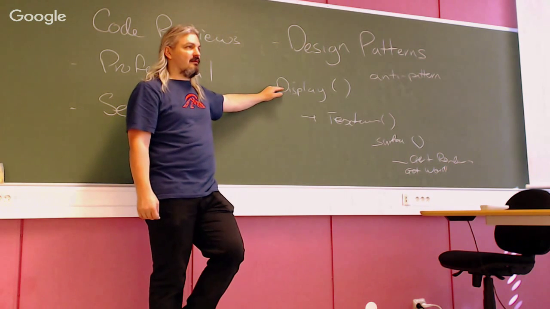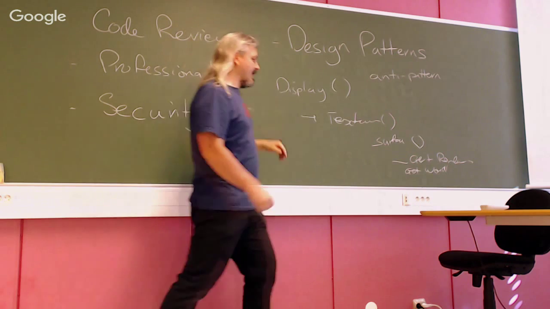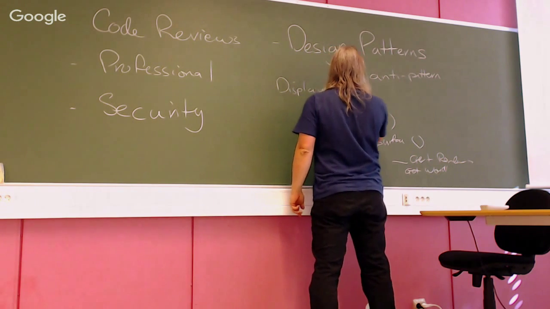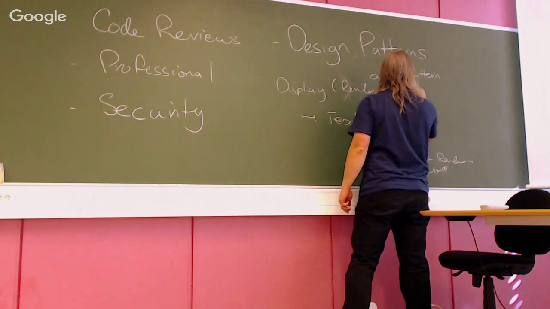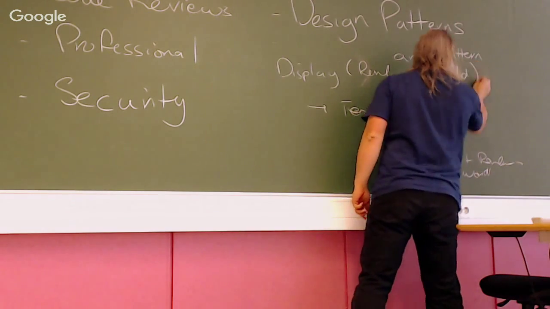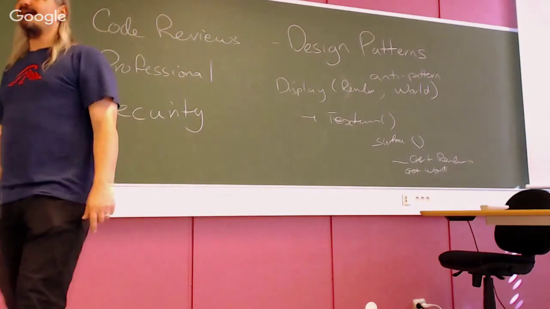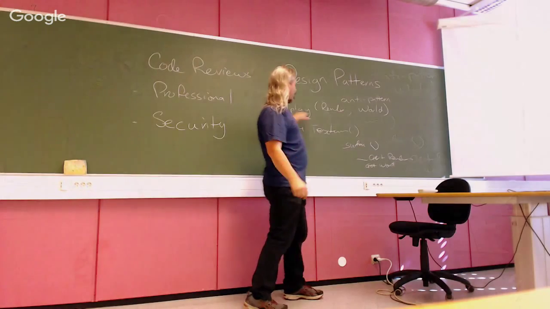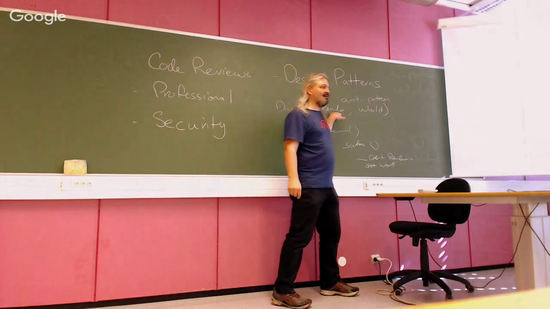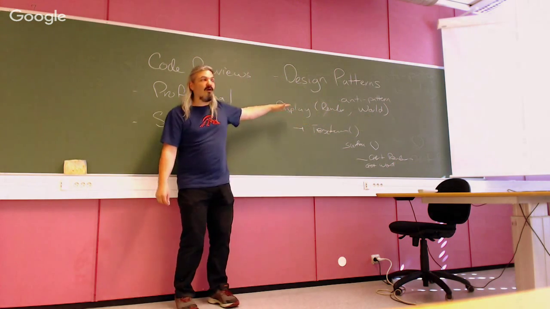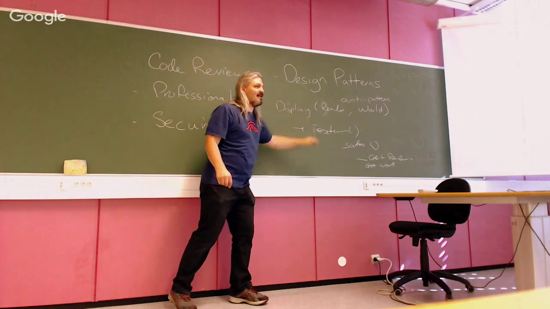If the function call instead had display with renderer and world explicitly passed in, saying, if I'm going to display stuff, I'm going to send it to this renderer, and it's going to be this world, I now explicitly know as a programmer what needs to be done before I go in here.